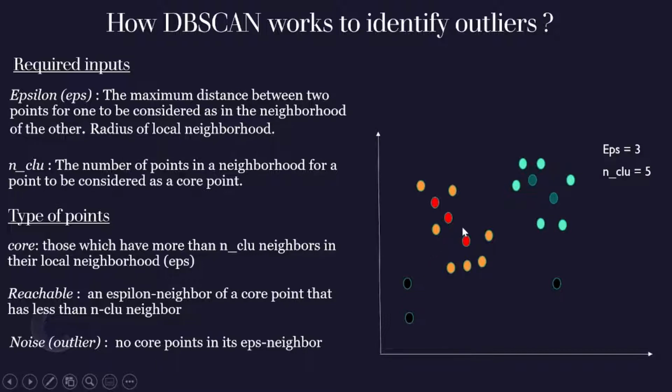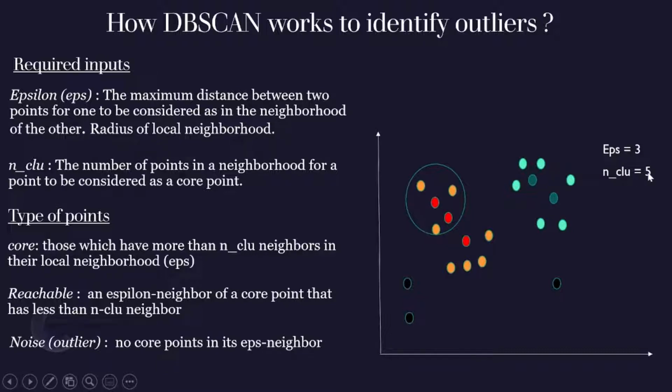To explain these three points, let me start with that one. If I choose the epsilon of 3, and I put this perimeter of epsilon 3 around the middle of this point, which I'm doing right now, what you can see is 1, 2, 3, 4, plus the point itself, 5 points in this perimeter.